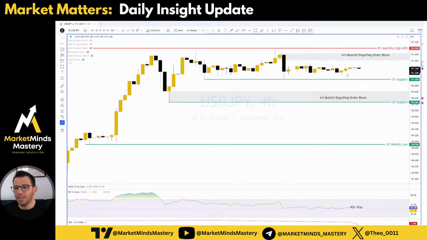Okay, so keep that in mind. If the price breaks under the S1 support, definitely want to be looking to go into this order block. But if the price for any reason breaks above this R1 monthly high, then of course, we will use it to our advantage, and we're going to try to go long from here.